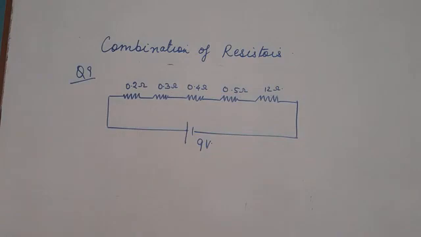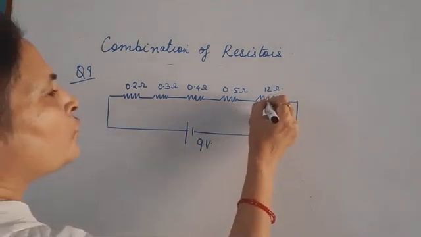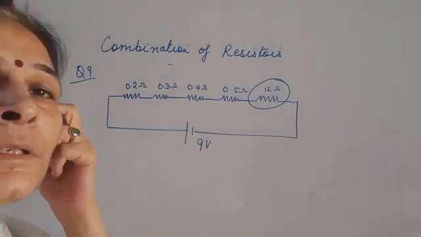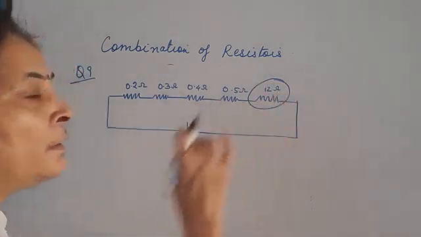These are the 5 resistances connected in series. They are asking how much current will flow through the 12 ohm resistor.